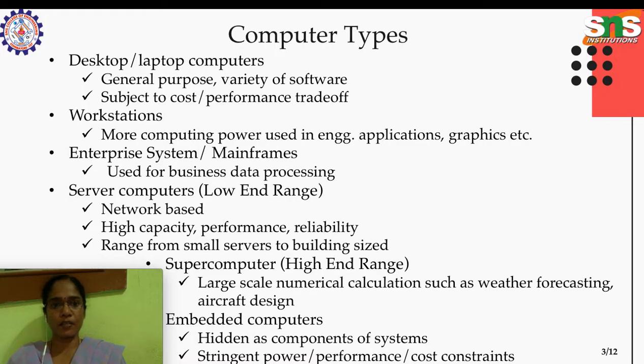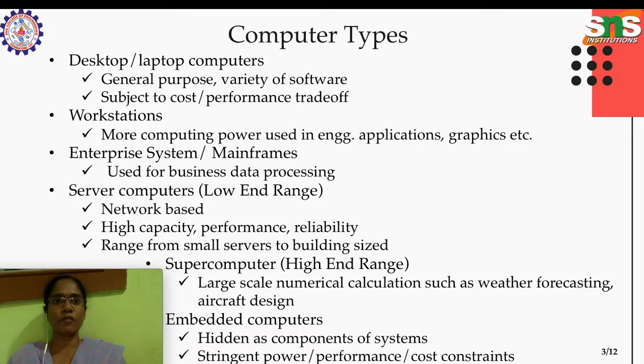And coming to the computer types, there is a wide variety, from handheld devices to big supercomputers. Mainly it is categorized as desktop or laptop computers for general purpose usage, for individual students, for office work, for personal usage.